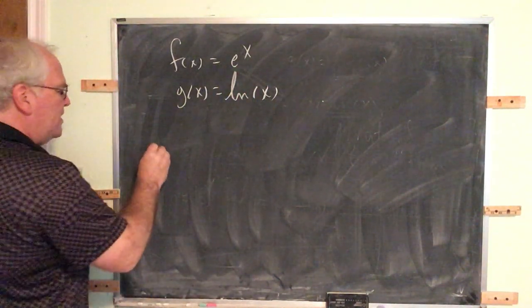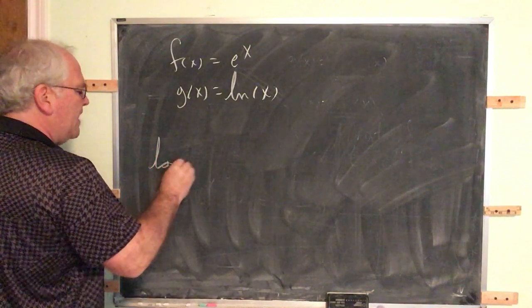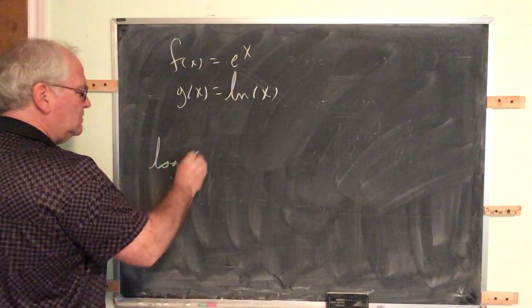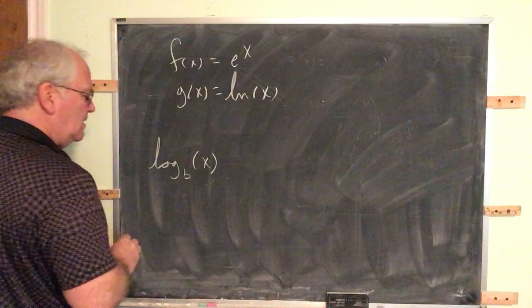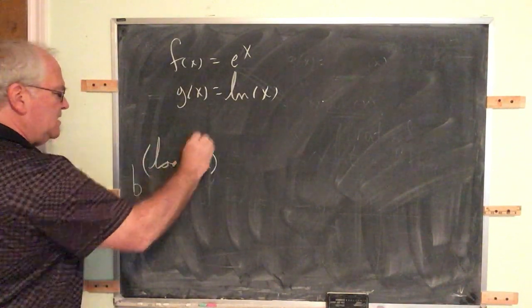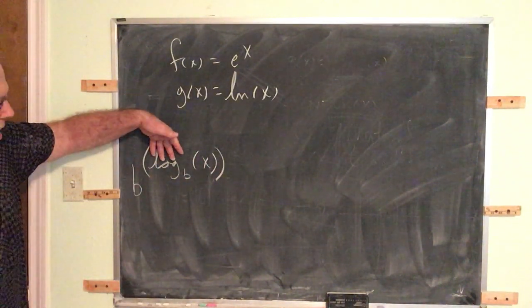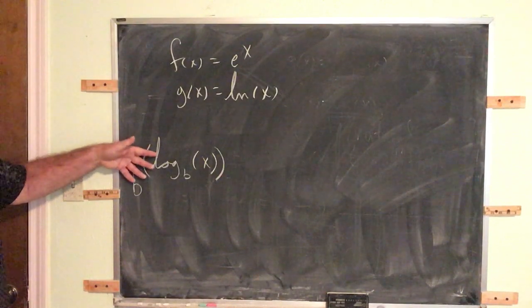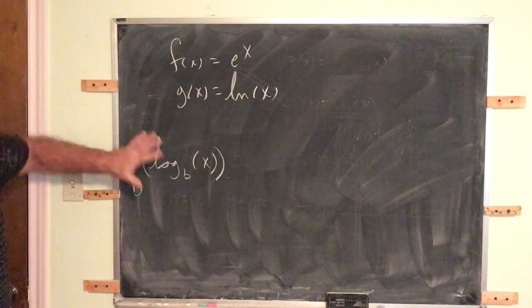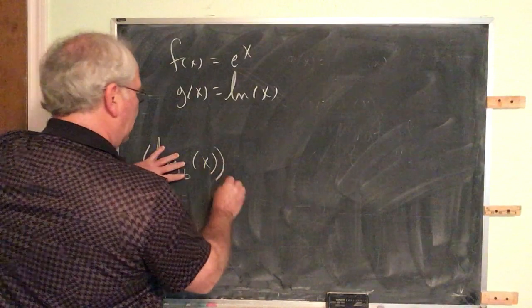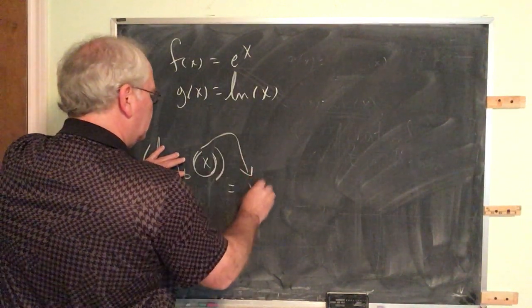Well, we know that if we take log base b of x and take b and raise it to that power, so if you apply logarithm and exponential in sequence, it is as if they cancel and you're left with just that value.